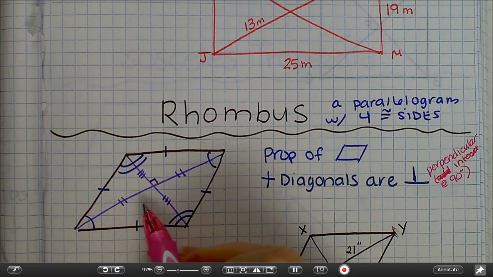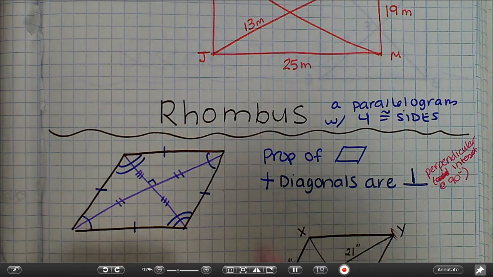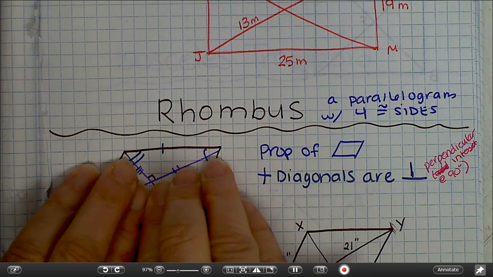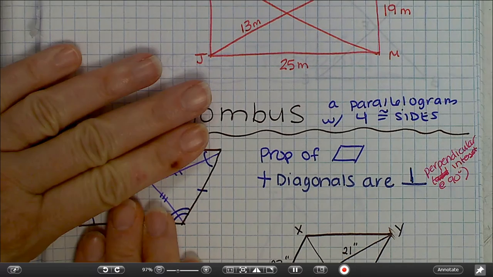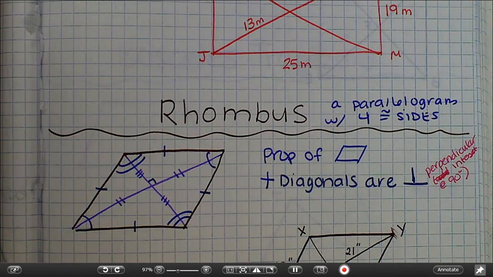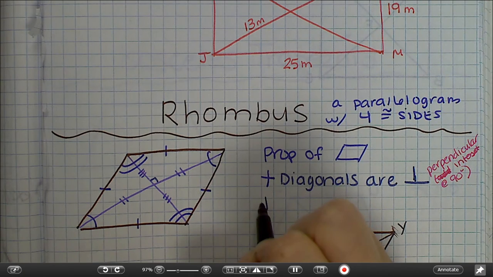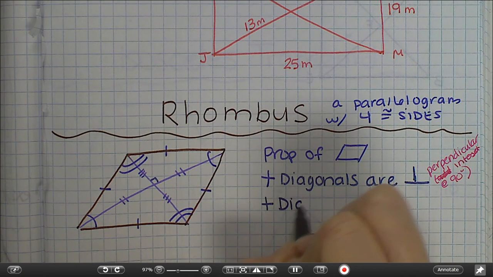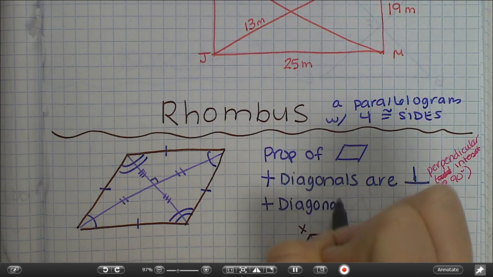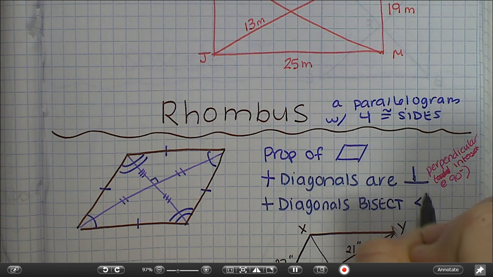Had I drawn a beautiful rhombus, you would see that 100%. That's awesome because check it out. That creates 4 right triangles. And then that means you could use trig or the Pythagorean theorem, which we all know is super exciting. All right, and then it also has the property that the diagonals bisect the angles.